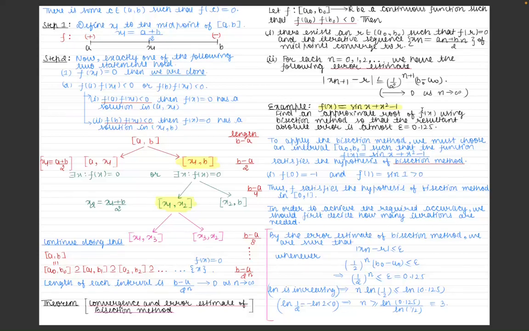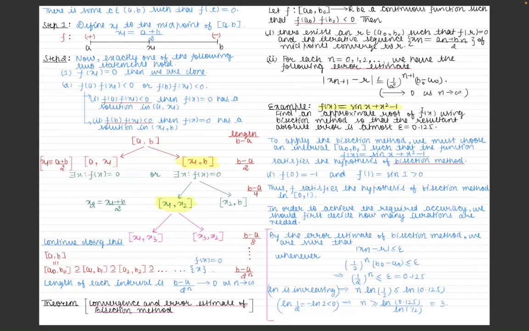Because b0 minus a0 is 1 here, (1/2)^n is less than 0.125. Taking log on both sides, and because log is an increasing function, the inequality stays the same. So n is greater than ln 0.125 upon ln half, and if you compute it, this will be 3.